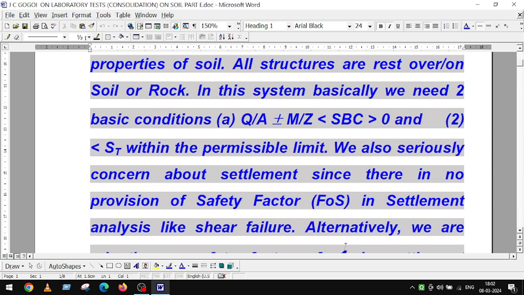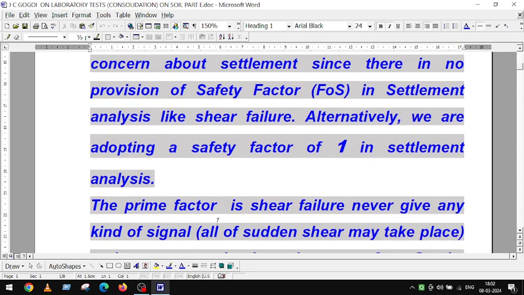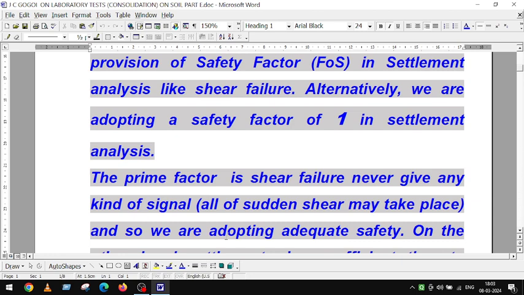Alternatively, we are accepting a safety factor of 1, because there is no codal provision, and another condition is that shear does not give any time for any kind of signal. All of a sudden shear may take place. So, there is a safety factor of 2.5 or 3.